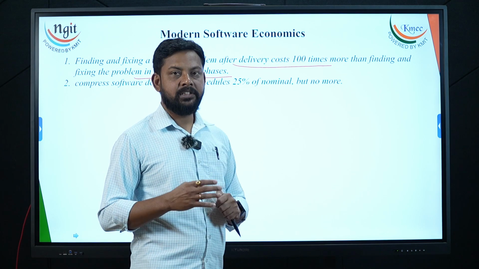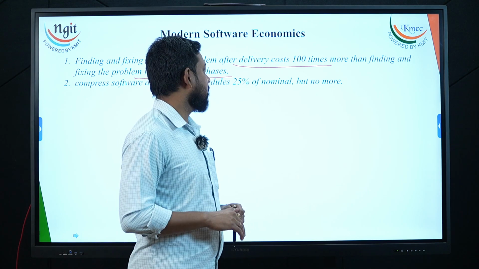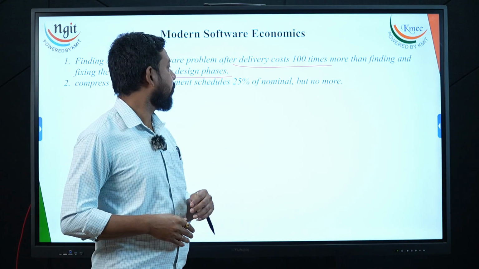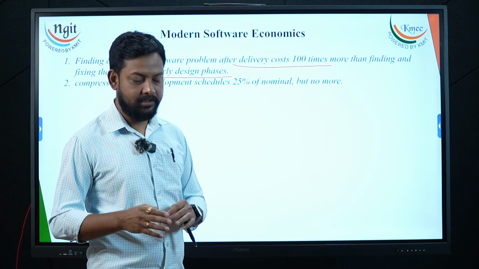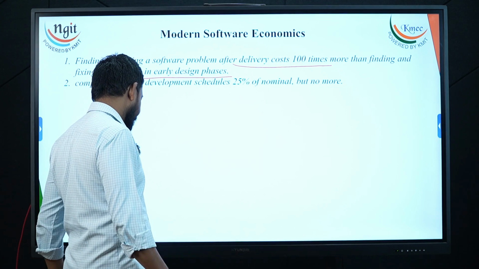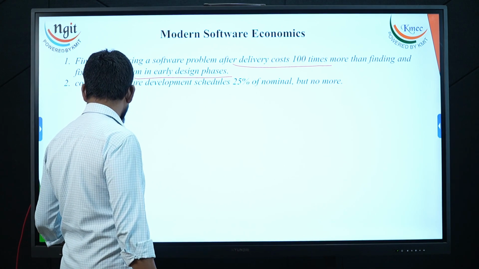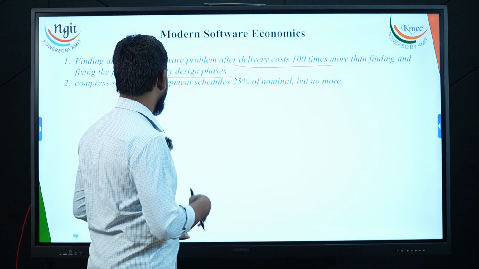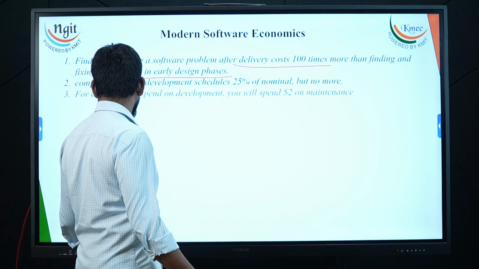This 25% also depends on your automation tools, and it cannot be reduced further than this 25%, and this is taken as your nominal place here, right? This is for the complete life cycle, and based on the intellectual people working on your project, this could differ, but not more than 25.